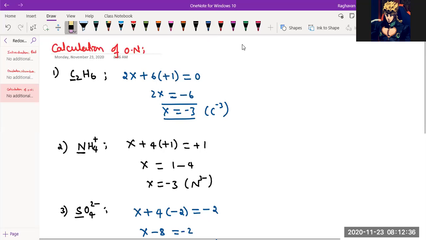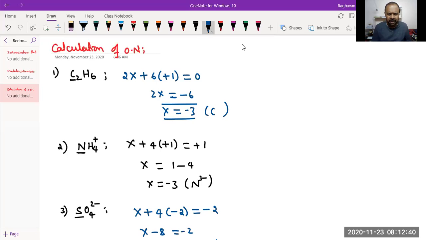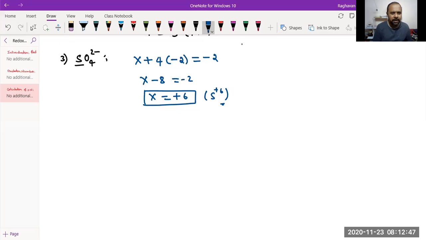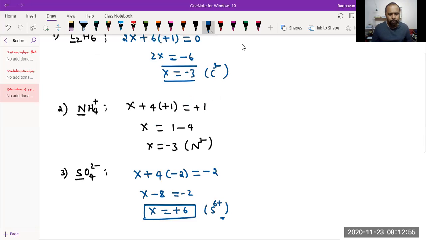This is my practice. Likewise here, +6 you can even write as 6 plus. Just to minimize the confusion. Is that okay?